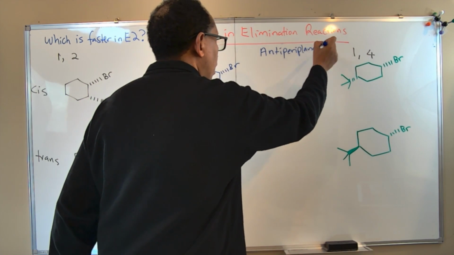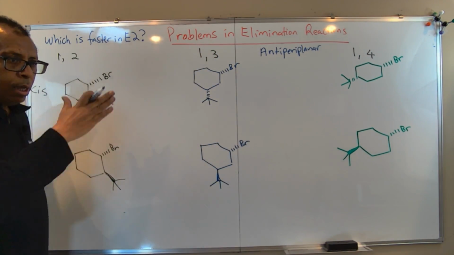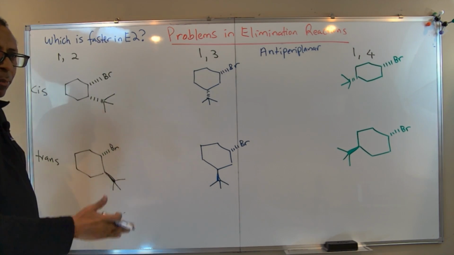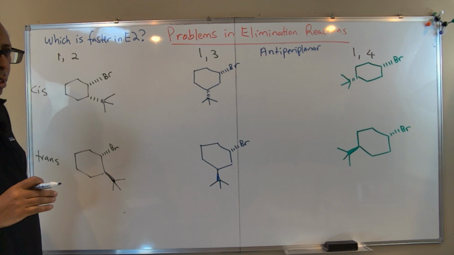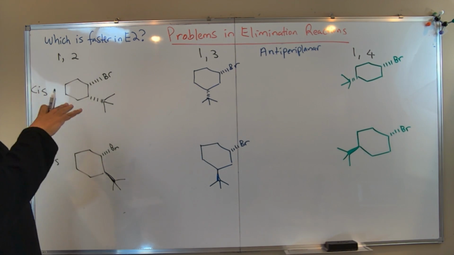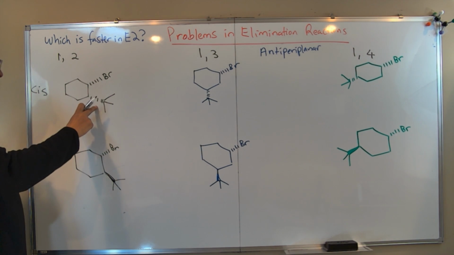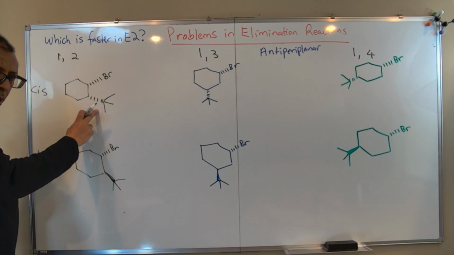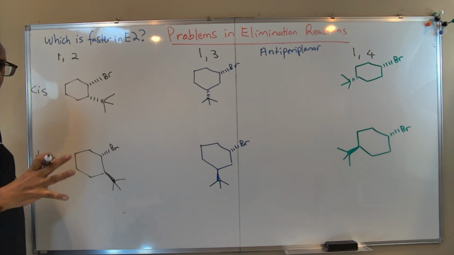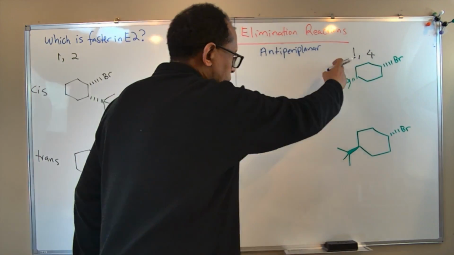That means a hydrogen and the leaving group, which is a halide, have to be in a vertical way and also 180 degrees. Here I have a 1,2 substitution, meaning the alkyl halide and the T-butyl. T-butyl is a bulky group. And a 1,3 position, a 1,4 position as well.